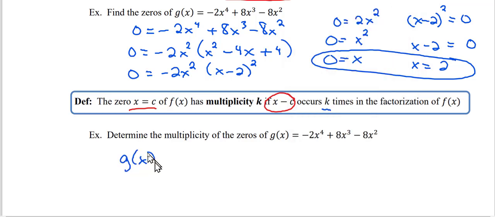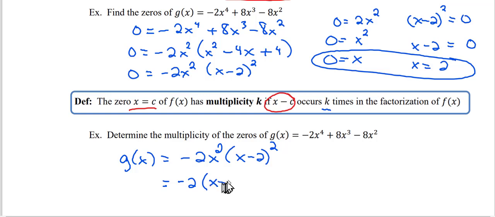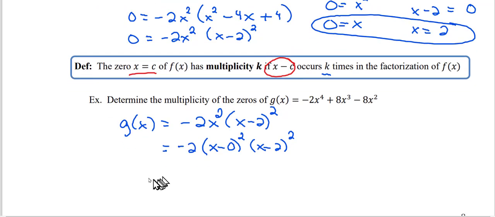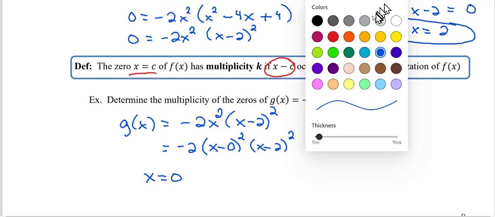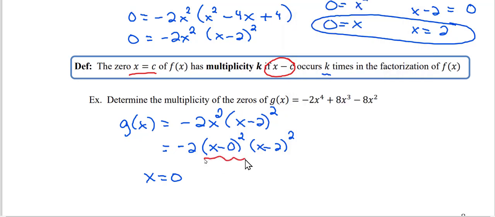This g(x) here factored into -2x² times (x - 2)². Notice that this x² could be thought of as (x - 0)², and then we have (x - 2)². That's kind of a weird way to write that, and we wouldn't normally, but I want you to think about that x = 0 coming from that factor right there.